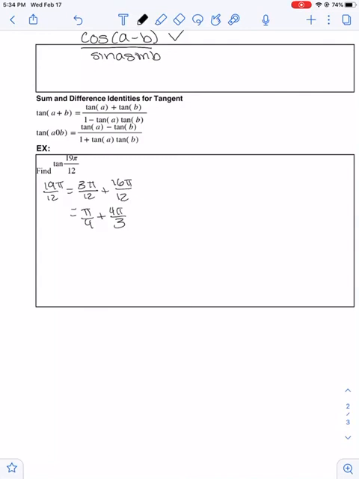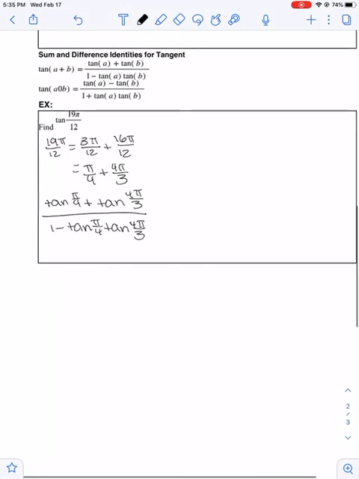So I'm going to go ahead and plug this into our sum formula for tangent: tan pi over 4 plus tan 4 pi over 3, over 1 minus tan pi over 4 times tan 4 pi over 3.